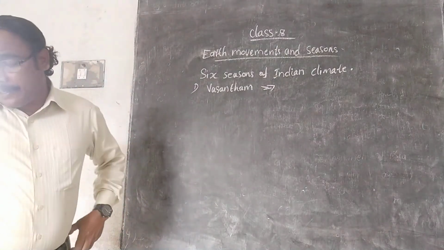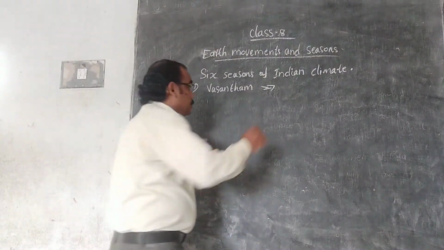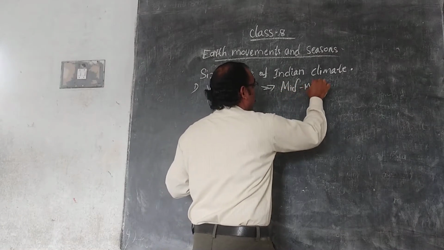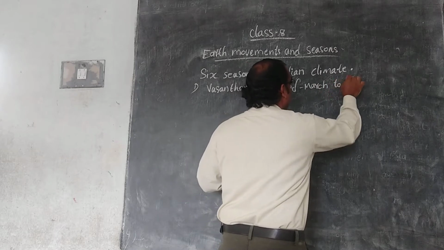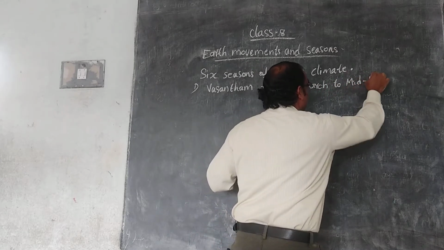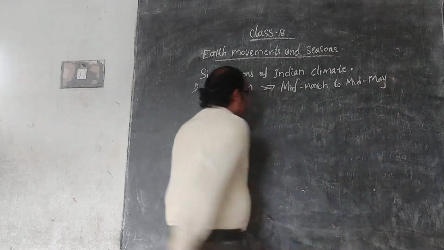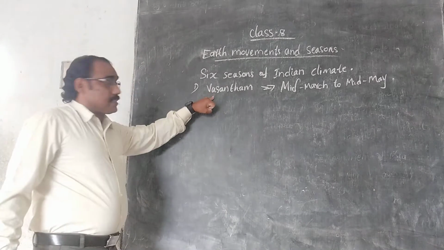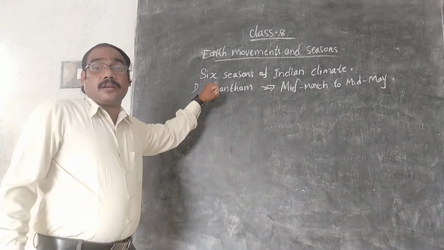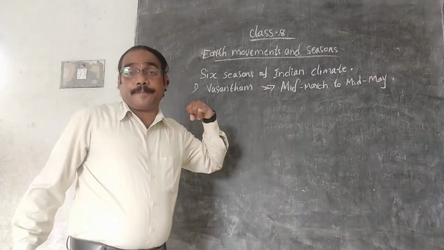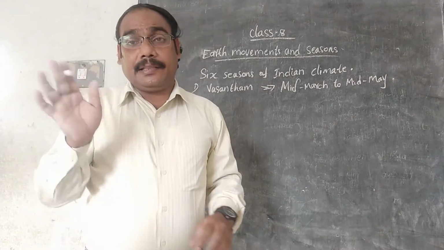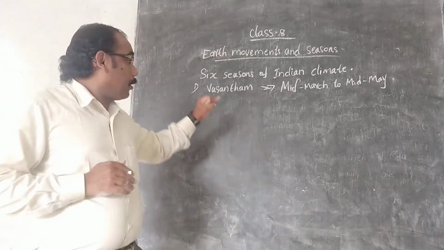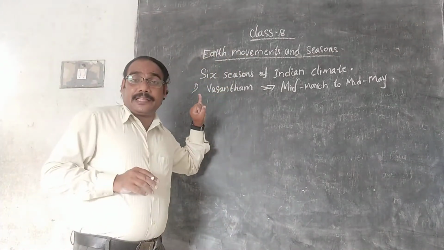Vasanta, the time period of Vasanta is mid-March to mid-May. Okay, that means March middle to May middle, we are having the season Vasanta. These seasons are according to the Indian climate. Another country may not have these seasons, as ours is a monsoon type of climate. According to the Indian climate, we are dividing the seasons.